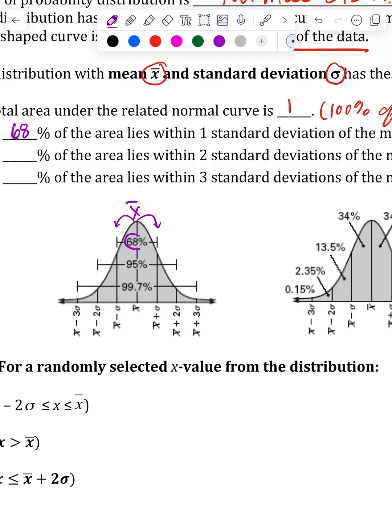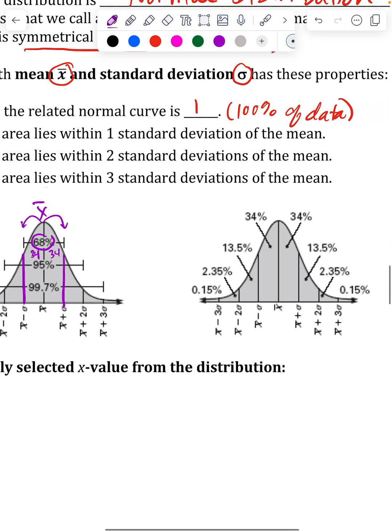And that's why this is showing 68%. So basically you end up with 34 on each side, and that's where this is over here, showing each side is 34. So when you put them together, you get the 68 that's in the first picture.